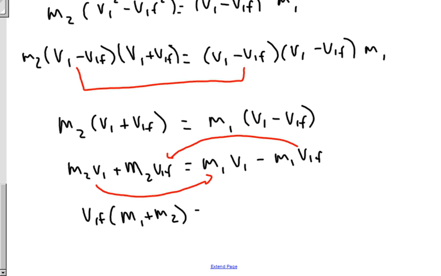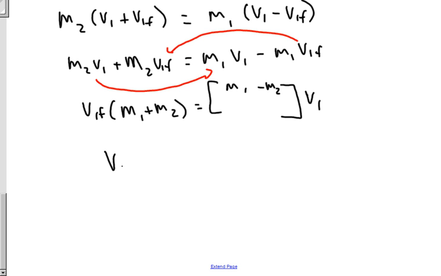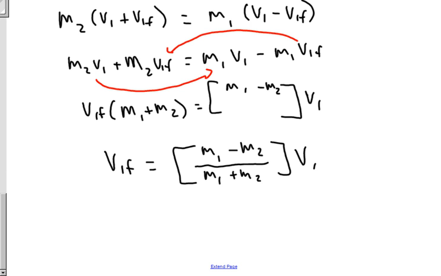And on the right-hand side of the equation, we can factor out a v1, which I'll put at the end here. And we're left with m1 minus m2. So then our result is that v1 final equals m1 minus m2, so the difference of the masses divided by the sum of the masses multiplied by our initial velocity.